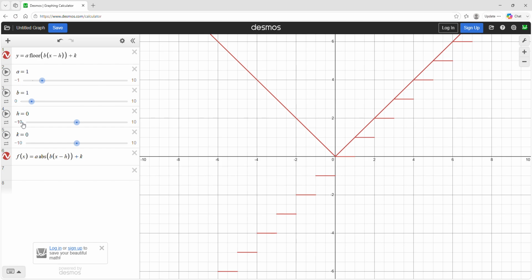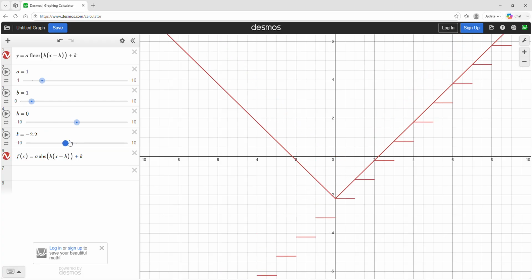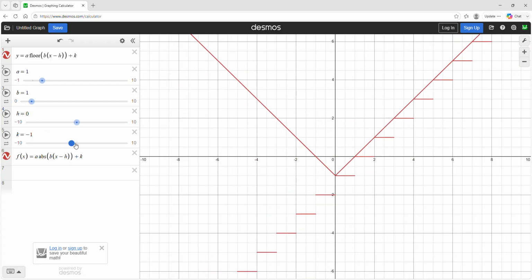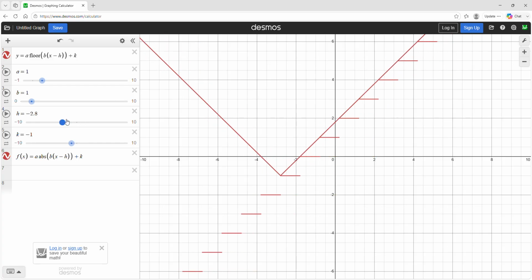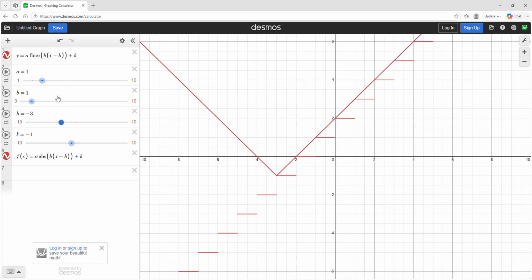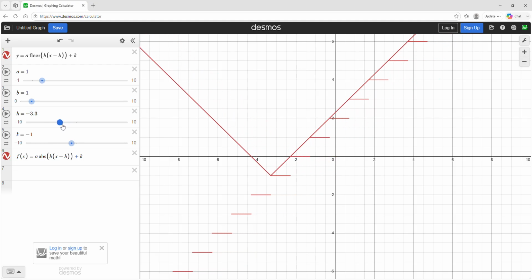We have the same A, B, H, and K values. No matter where I move them, those two graphs will always be in the same location. So that's basically how it works. No matter what you do, the A, B, H, and K always, always, always do the exact same things in any graph that you do, any graph that you accomplish.